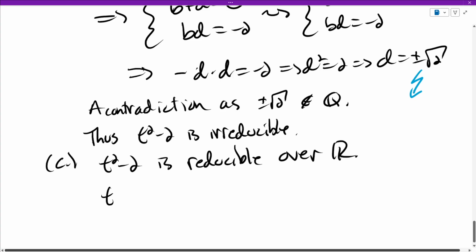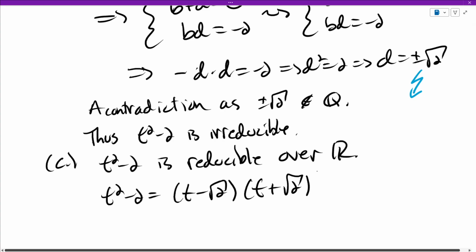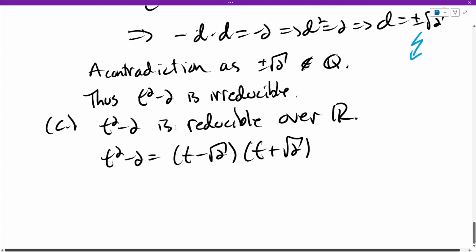Over R, t squared minus 2 clearly is going to factor as a difference of squares, t minus root 2 times t plus root 2, which is the factoring we kind of found above. So it will factor that way over R.